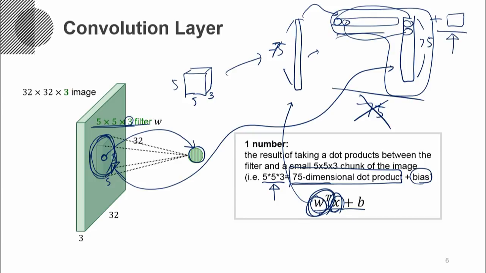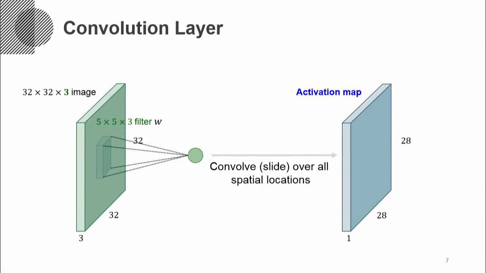This bias term will be applied at every position where we apply our convolution filter to a different part of the image. That way, the resulting activation map will have a depth of 1.